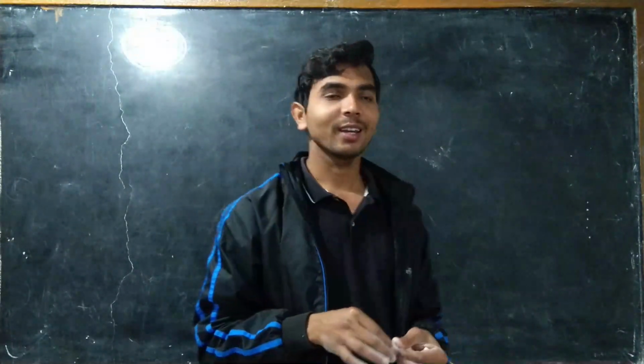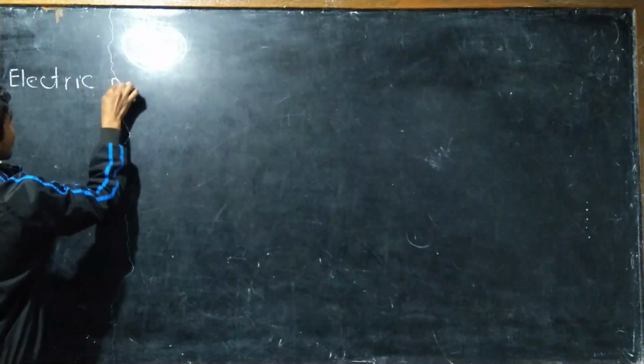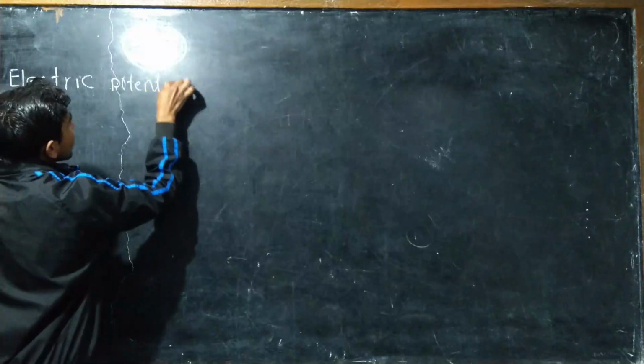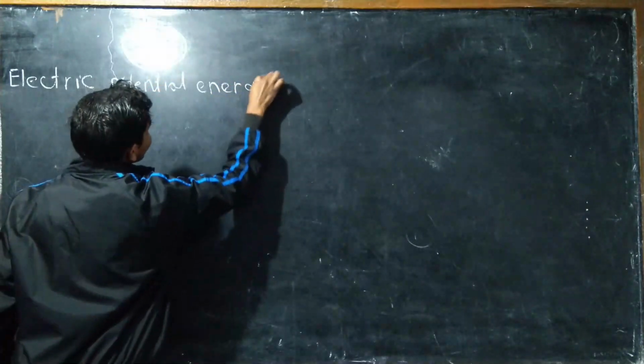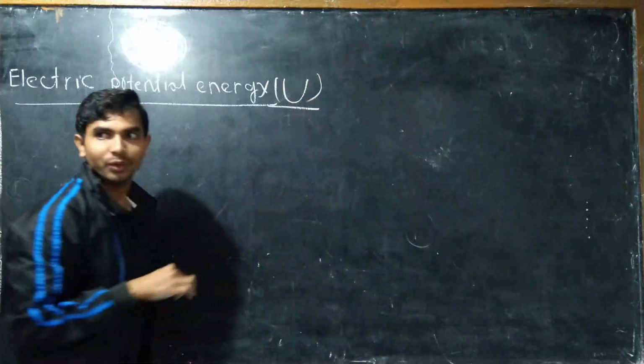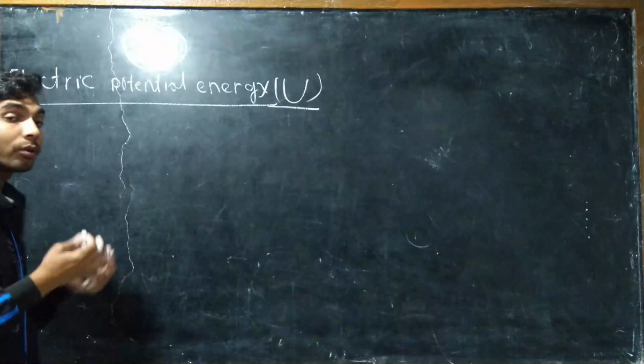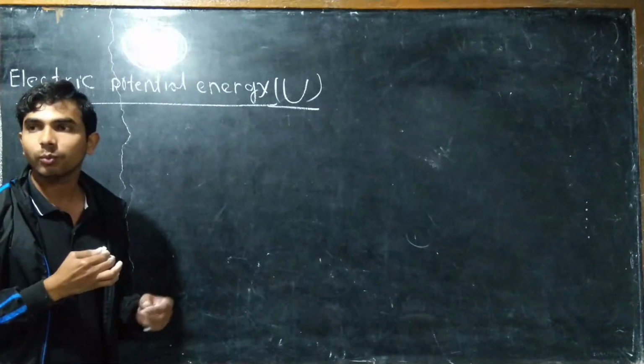Electric potential energy is represented by U. First I'm going to write the definition of electric potential energy.